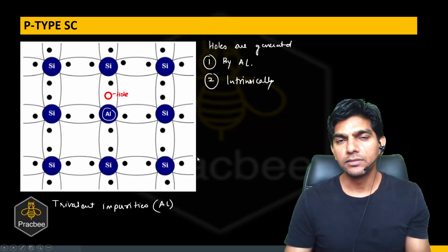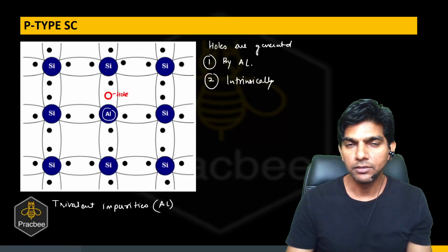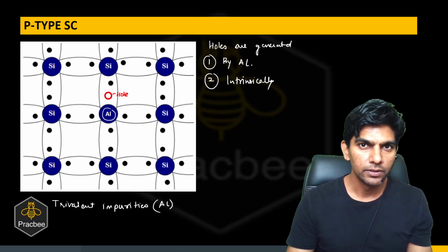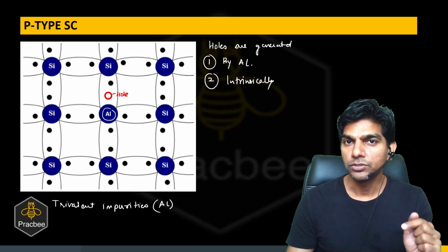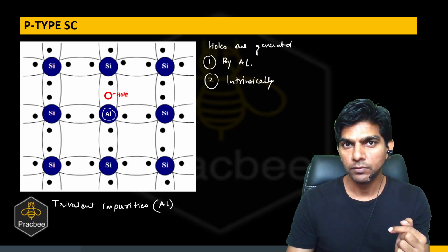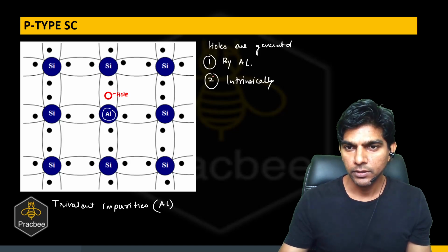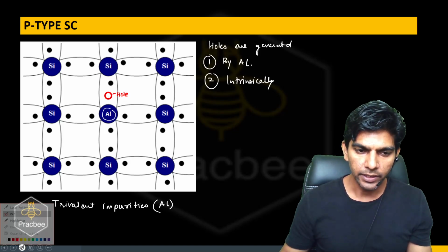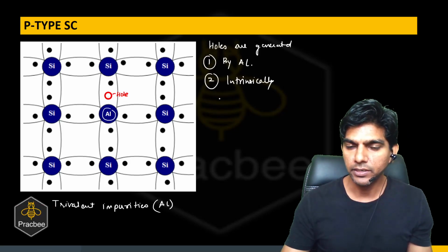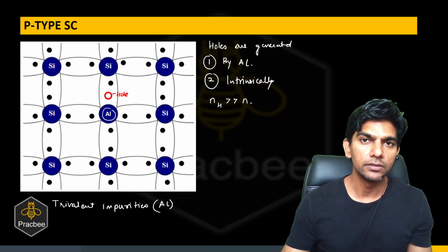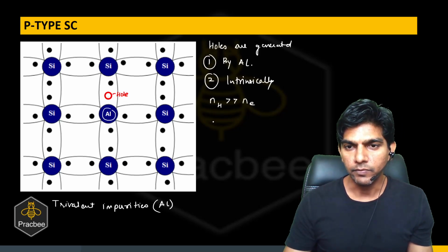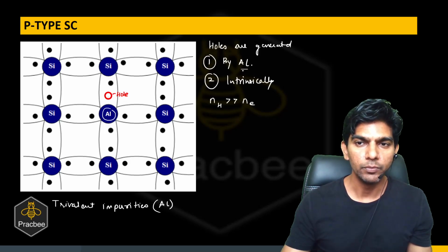So the concentration of holes will be large in comparison to the concentration of electrons. And the concentration of electrons will further go down due to the recombination process. So in P-type semiconductor, the concentration of holes will be very large in comparison to the concentration of electrons, and the majority of the holes are due to aluminium atoms.